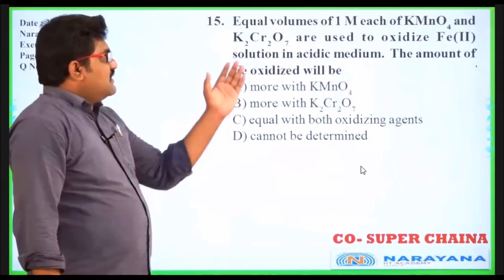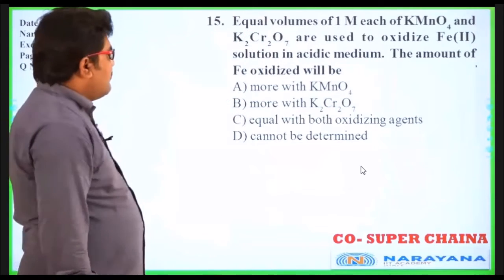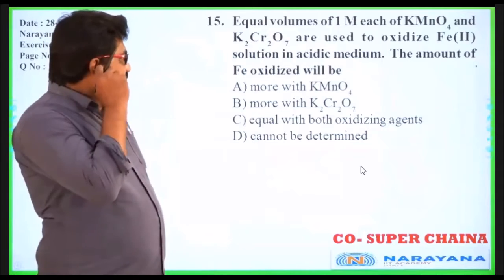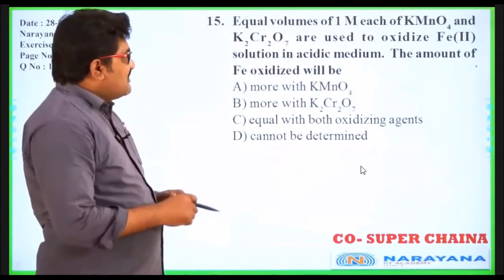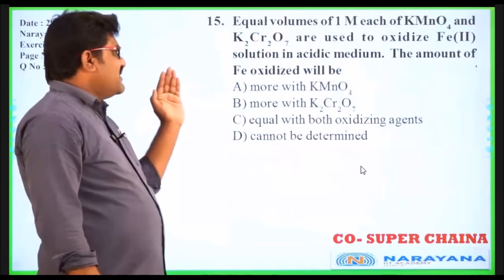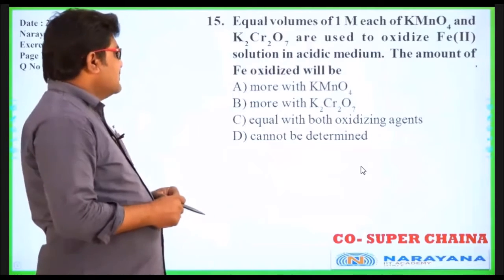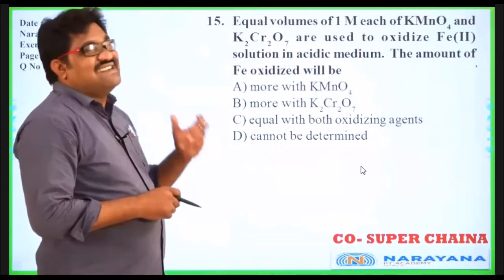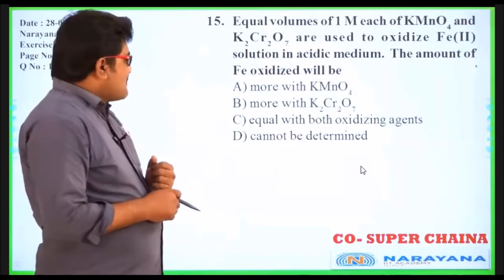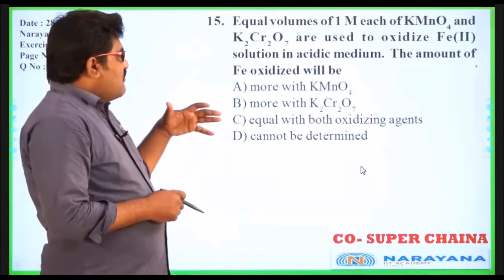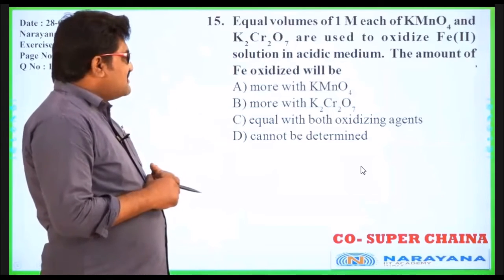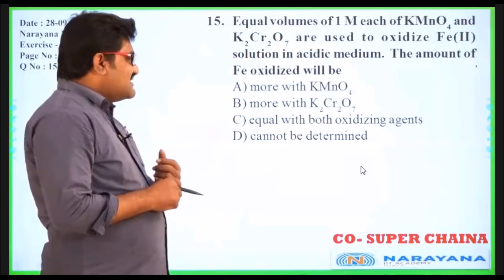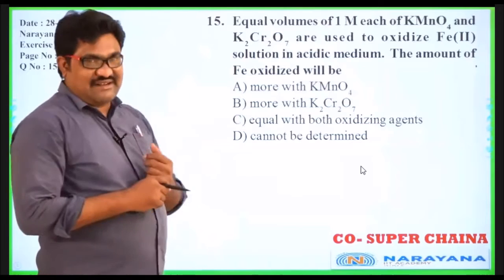Equal volumes of 1 molar each of KMnO4 and K2Cr2O7 are used to oxidize Fe plus 2 solution in acidic medium. The amount of iron oxidized will be: more with KMnO4, more with K2Cr2O7, equal with both, or cannot be determined.